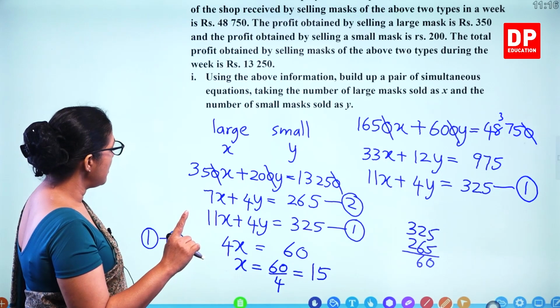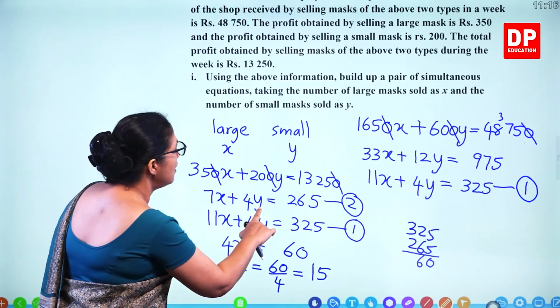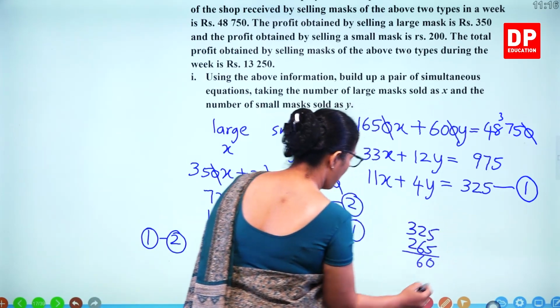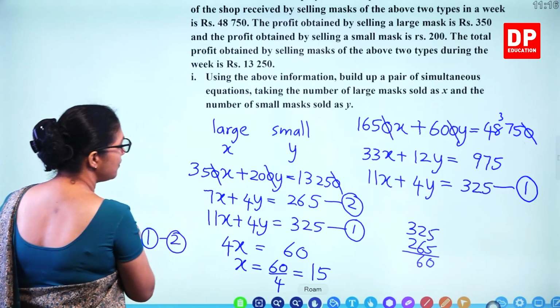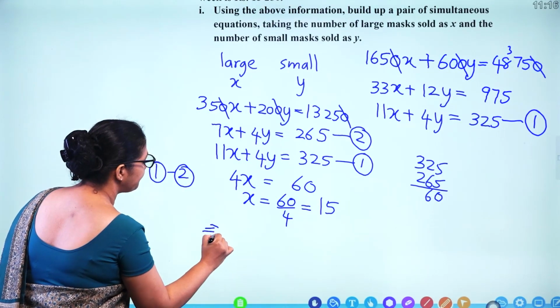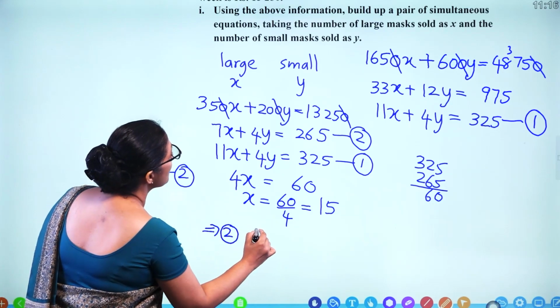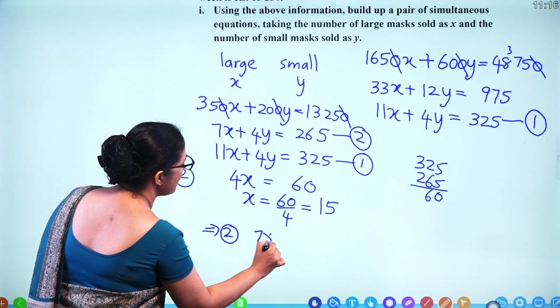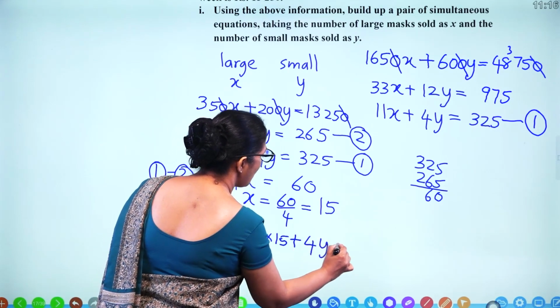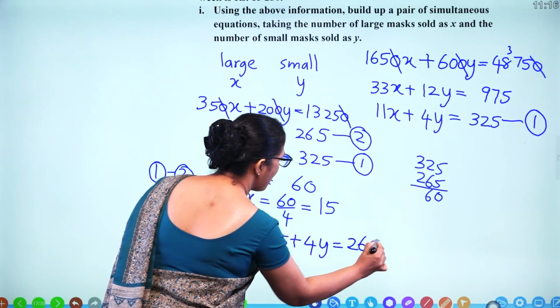And what is y? So, we'll use the second equation. We'll substitute into equation 2: 7 times 15 plus 4y equals 265.